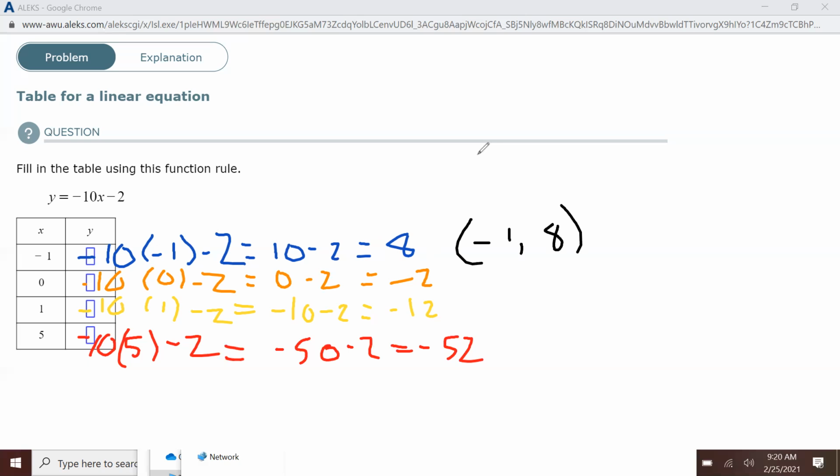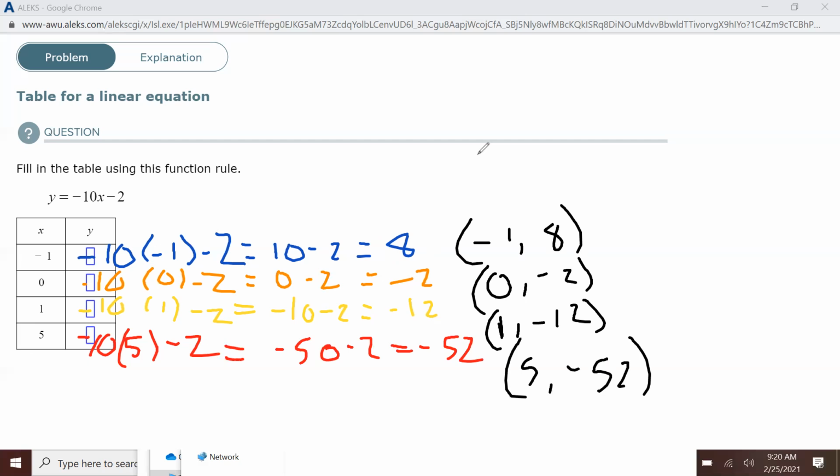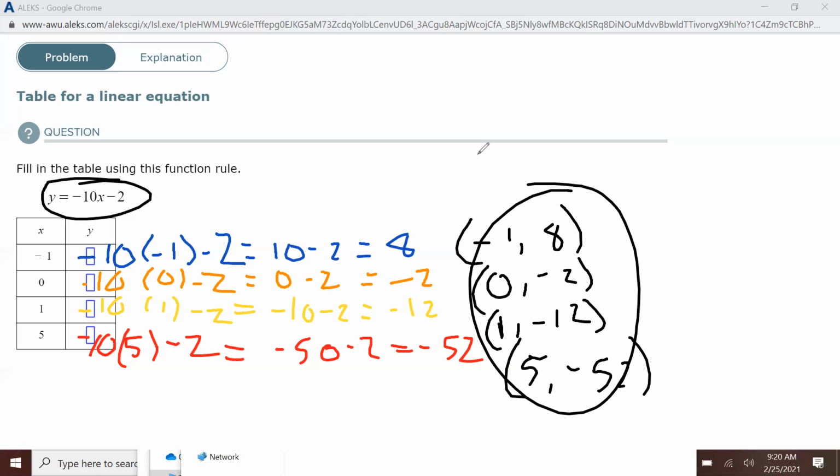The second one would be 0, -2. The next would be 1, -12. And the last is 5, -52. So if we were to graph these points, they would be points on the graph of this line.